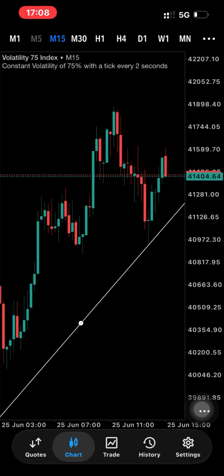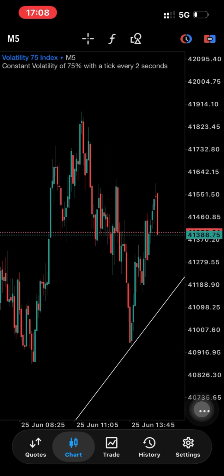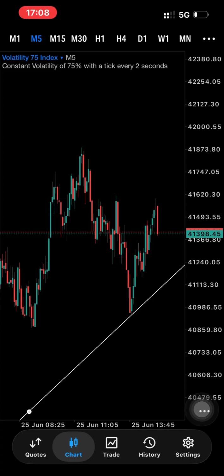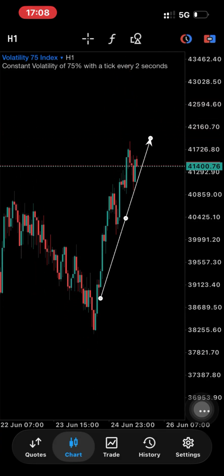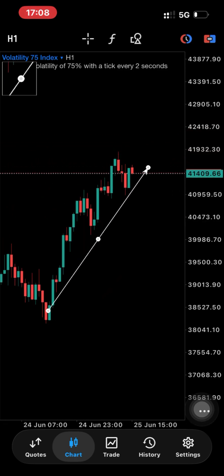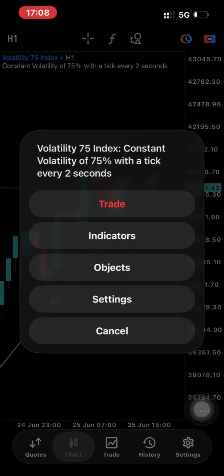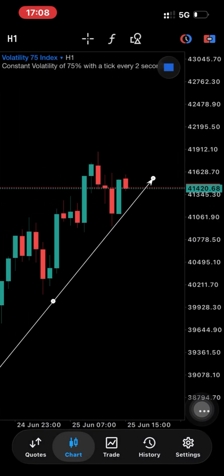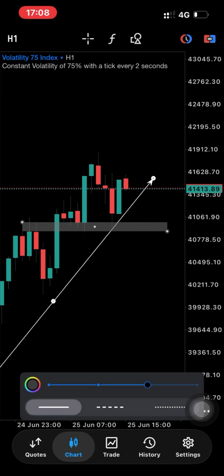So let's just zoom in, zoom out a little bit, and see a clear picture of what is happening here. On the H1, we're having a bit of an uptrend, but it hasn't made multiple touches yet on the diagonal supporting trend line. But as you can see there, we have a level of support.